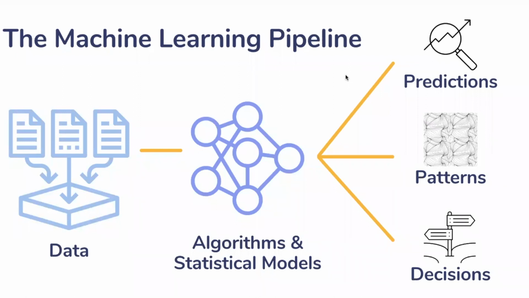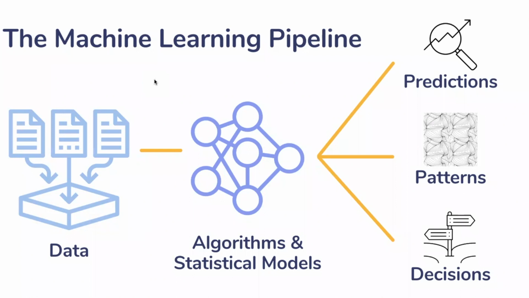Depending on the type of problem that you want to solve, there are different algorithms and different types of statistical models out there. Once you feed your data into the specific algorithm for your model, your machine then learns from it and uses that to make a prediction based on the input data, or identify a pattern within the inputs, or thirdly, make a decision.